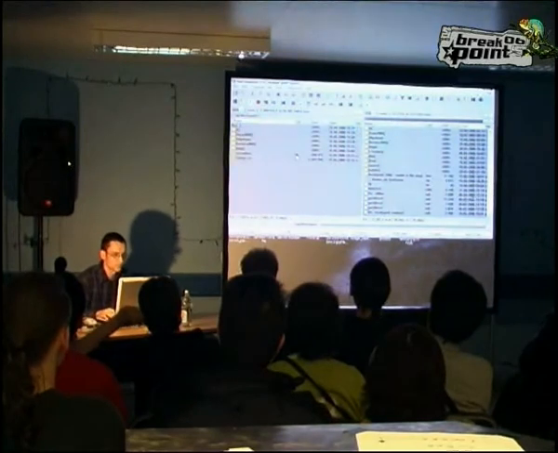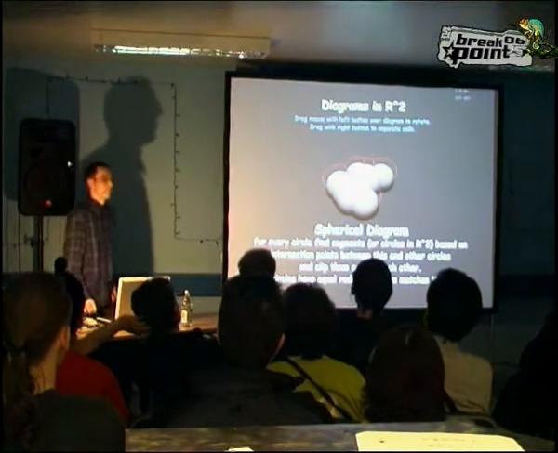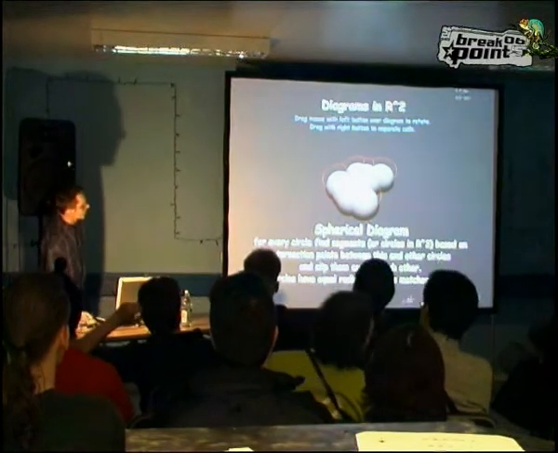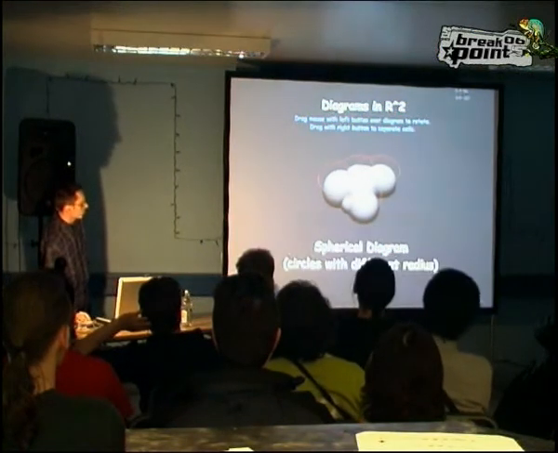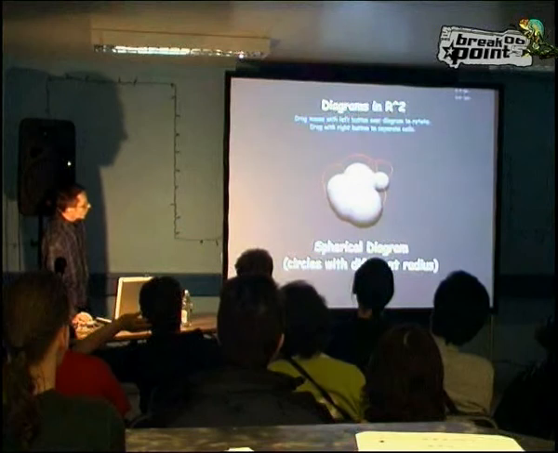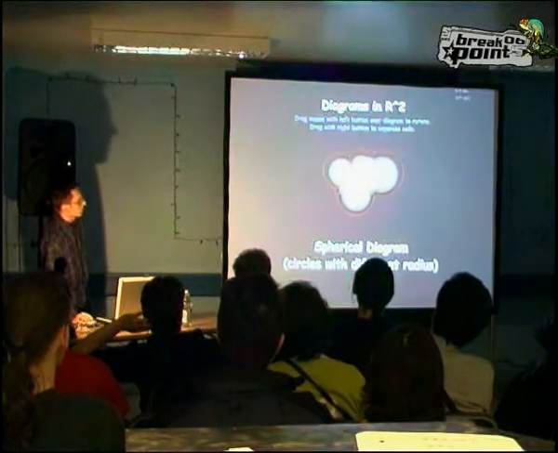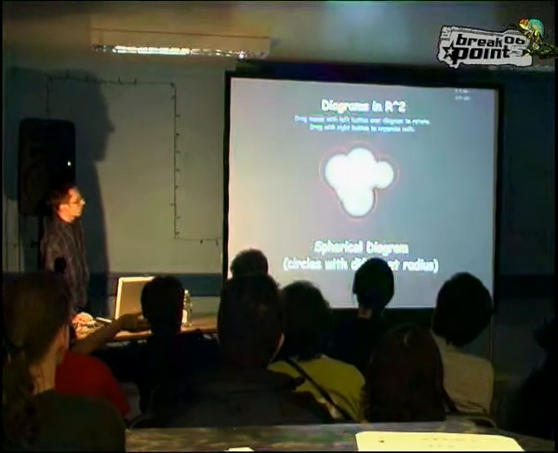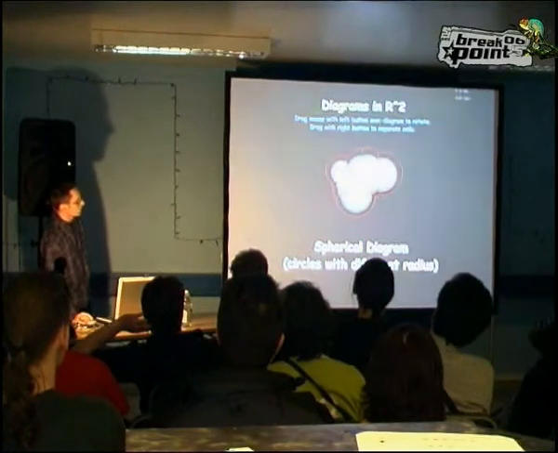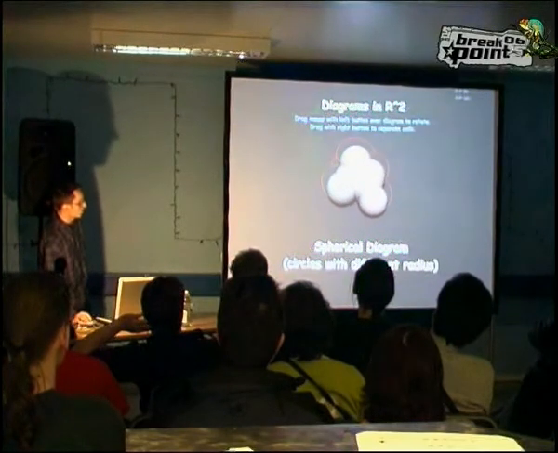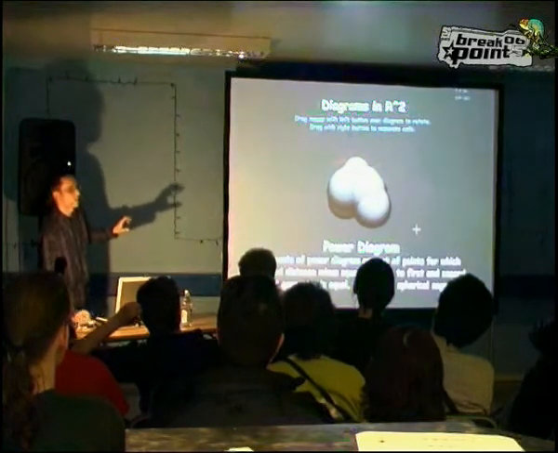The relation between that diagram and the Voronoi diagram is actually very similar. When we change the radius of spheres, the cell for every sphere changes size relative to the other cells, and this is exactly the same as a power diagram.